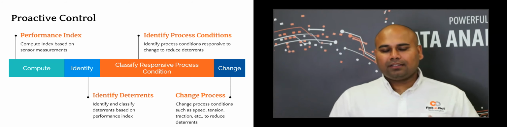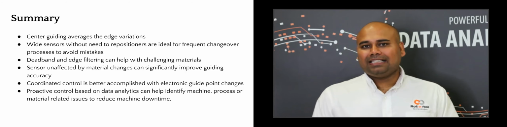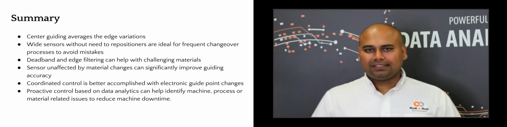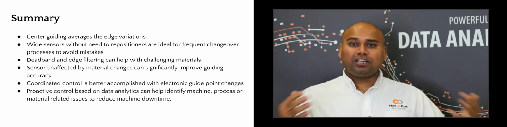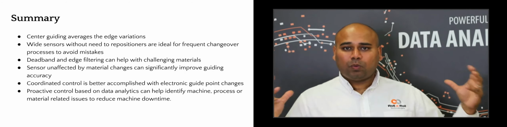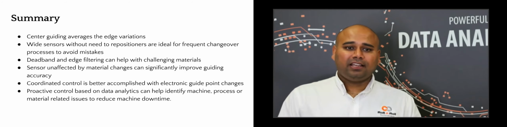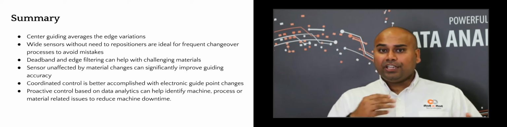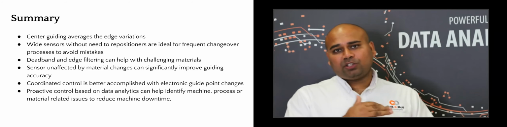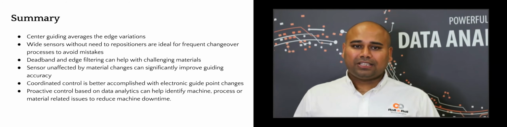So in summary, some of the advanced web guiding concepts that we saw: the simplest thing that anybody can do to get a good guiding performance is to do center guiding, and center guiding with wide sensors would significantly simplify your operation. If you need to do deadband or edge filtering, especially if you have some harder materials, you can do that.